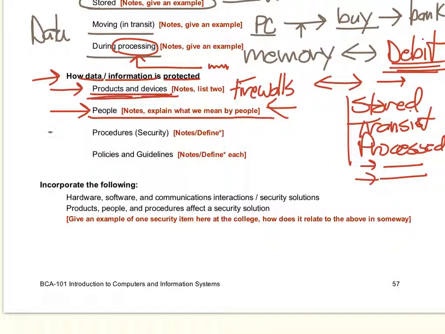Next thing, procedures. Companies have procedures like when to change a password. That's just a real simple one. They might have a procedure on how to do a particular process at a bank, okay?